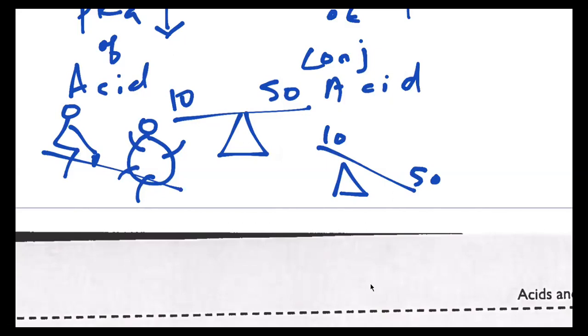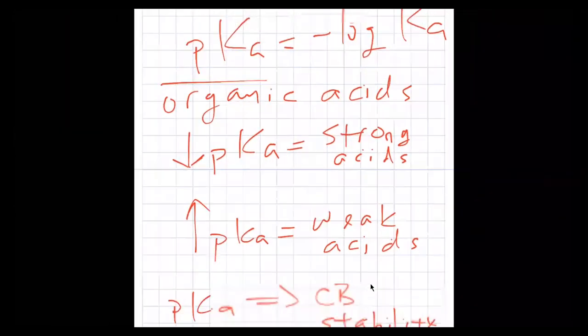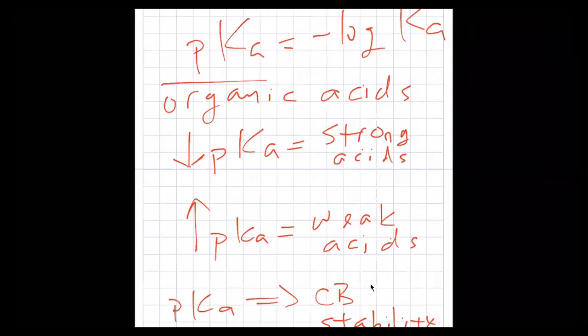Dr. Russell? So the stronger acids have a lower pKa? Yes. Remember we said up here for organic acids, low pKa corresponds to strong acids. High pKa corresponds to weak acids. Because the pKa is the negative log of Ka, low pKa means that the Ka is actually a big number.